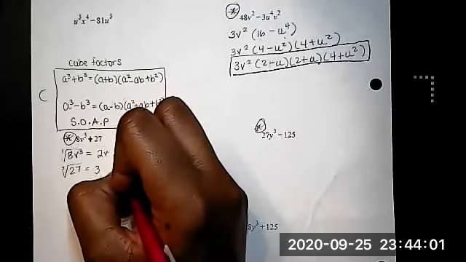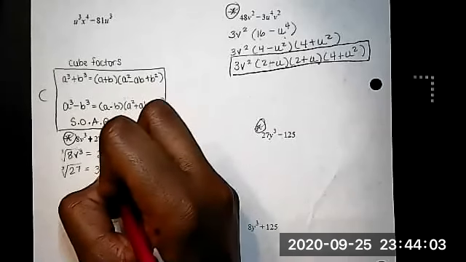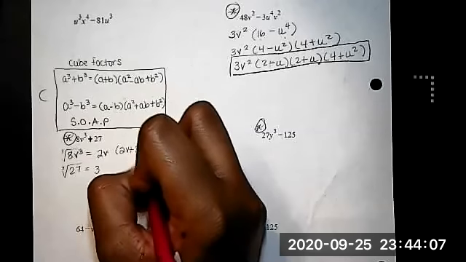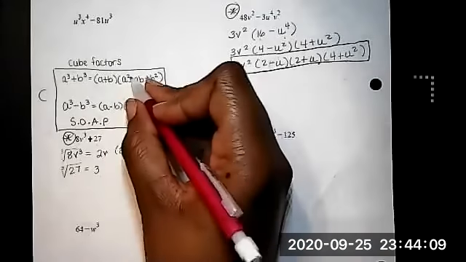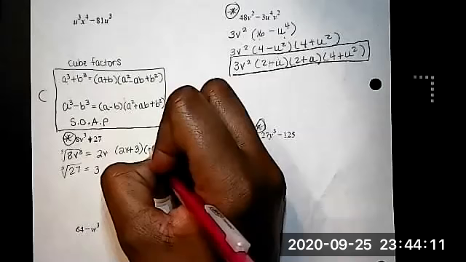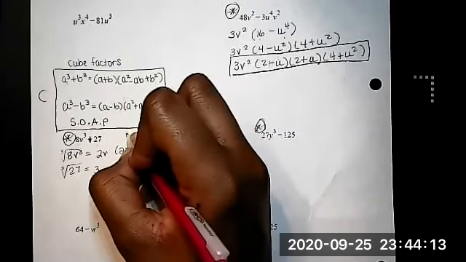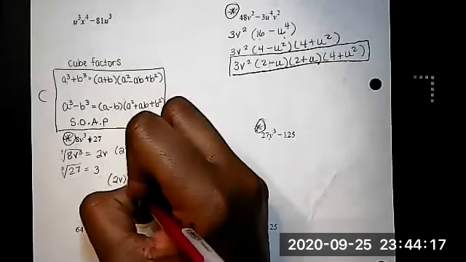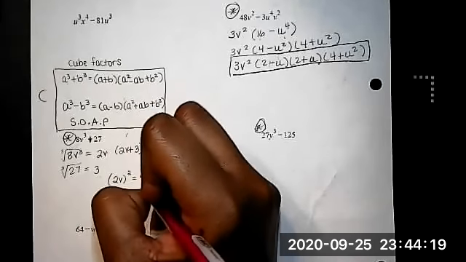It's going to look like this. Our A represents 2b. So this is going to be 2b plus 3, which is our B value. And then it's going to be 2b squared. If I had to do 2b squared, it will be what? 4b squared.